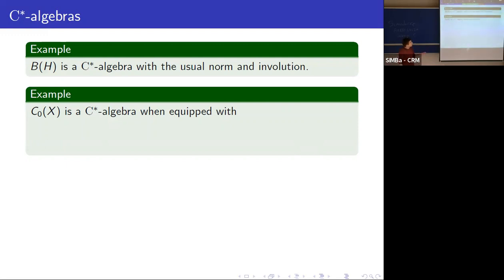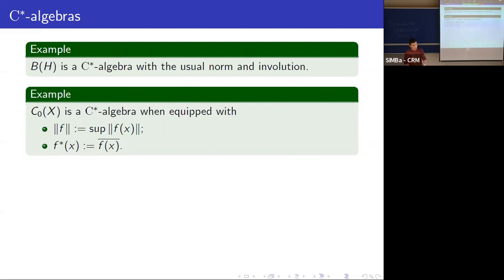You can make it into a C*-algebra by considering the supremum norm and the involution given by pointwise conjugation. Again, you can check directly that the C*-equality is satisfied and that the inequality is also satisfied. So these are all examples of C*-algebras.